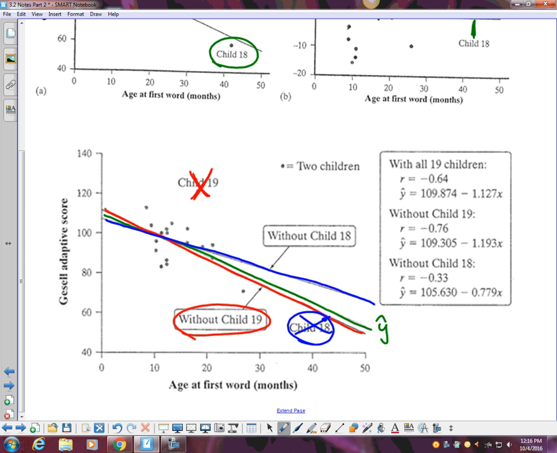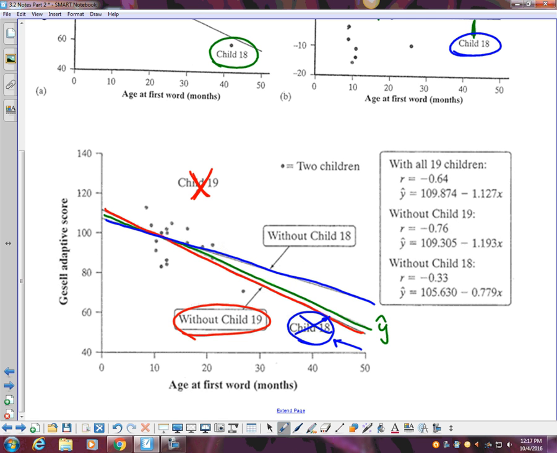That's child number 18, because my red and my green lines are really close. But my blue line and my green line have a huge difference. So child number 18, even though it doesn't have a huge residual, affected the prediction equation much more than child number 19, which had a huge residual.